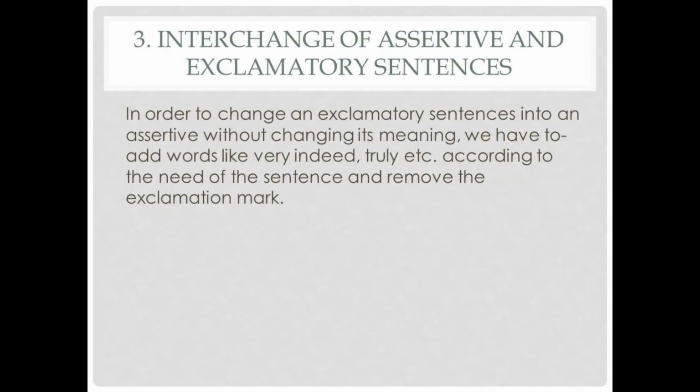Third one, interchange of assertive and exclamatory sentences. In order to change an exclamatory sentence into an assertive one without changing its meaning, what do we have to do? We have to add words like very, indeed, truly, etc. According to the need of the sentence, we need to remove the exclamation mark as well.